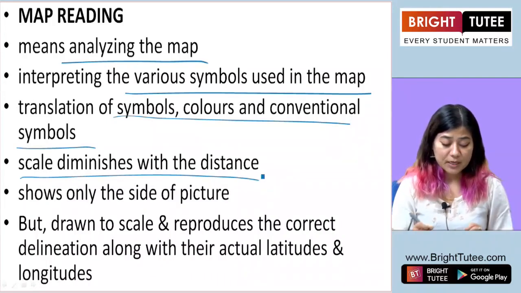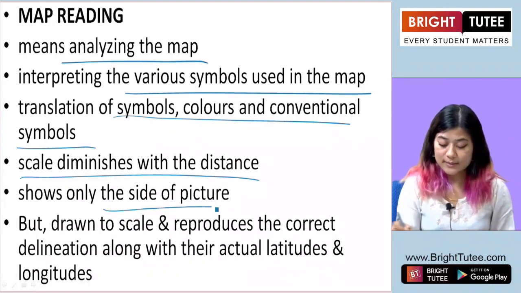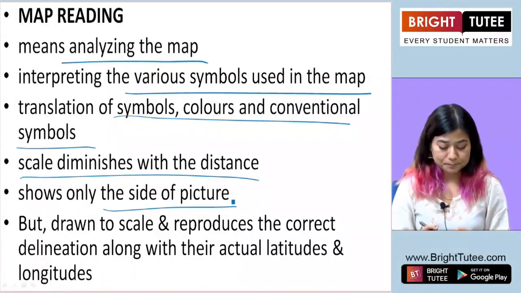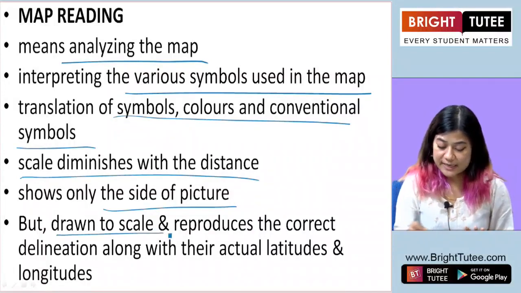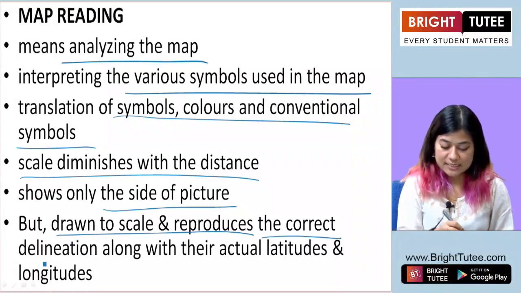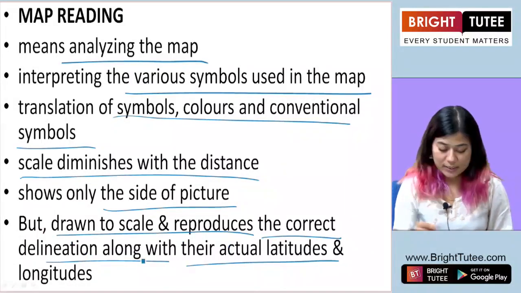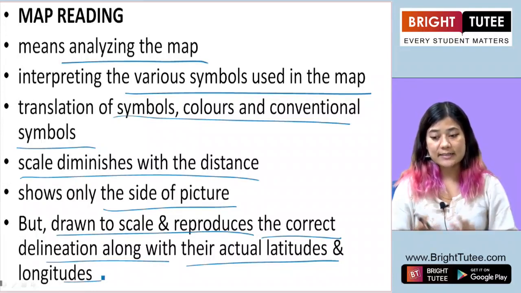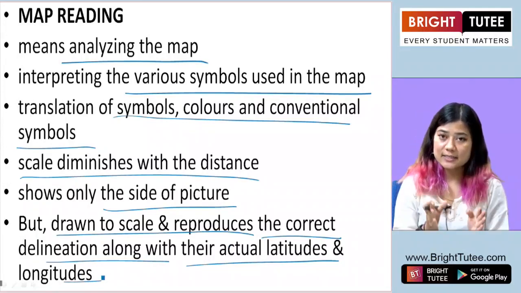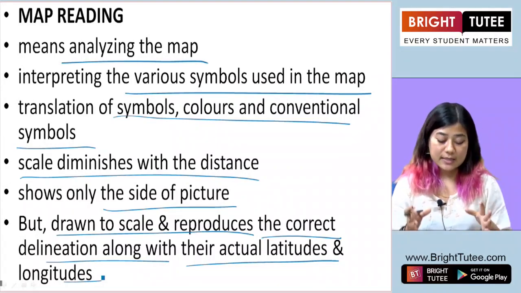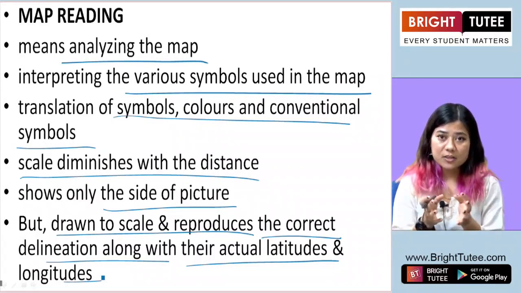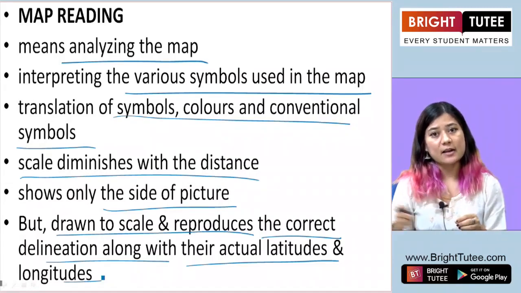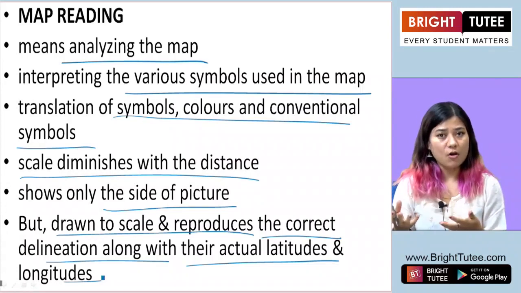when it is drawn. Okay, it only shows one side of the picture, but drawn to scale and reproduces the correct delineation along with the actual latitudes and longitudes. But just because we said that it is not the exact size of the earth, and the size is diminished, that doesn't mean the scale or the measurement is wrong.